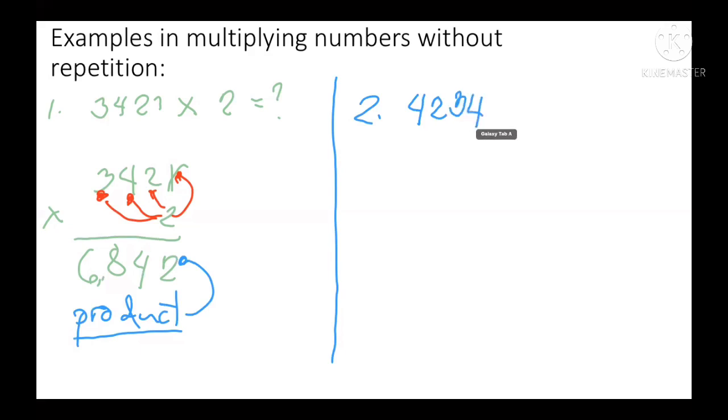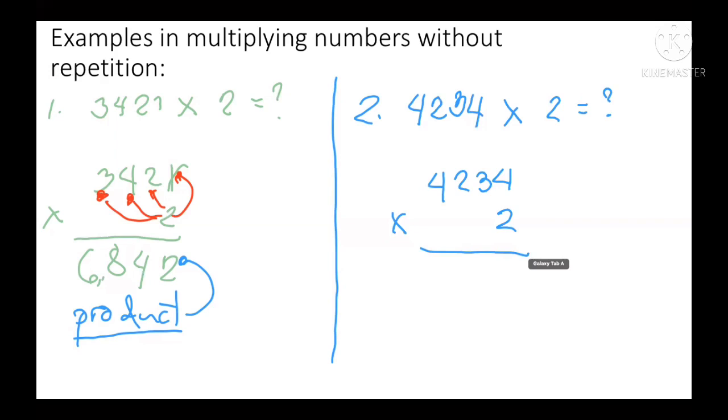4,234 multiplied by 2. All right. Organize the problem. So write it down here: 4,234 times 2. Again, just a review.